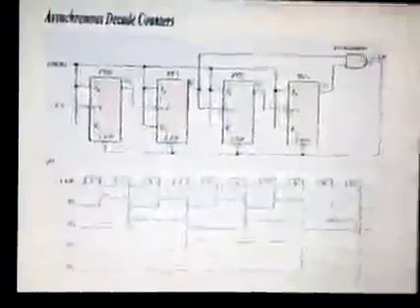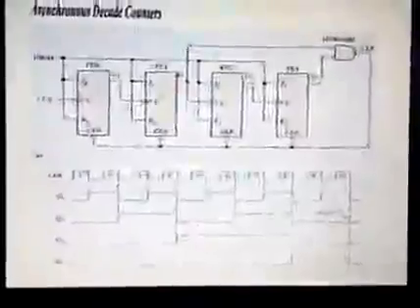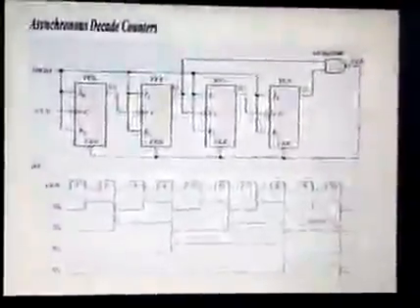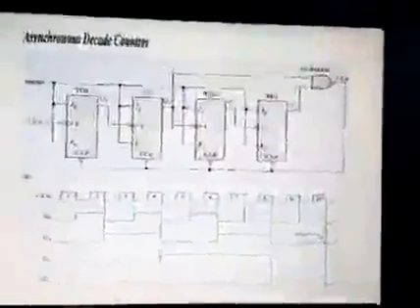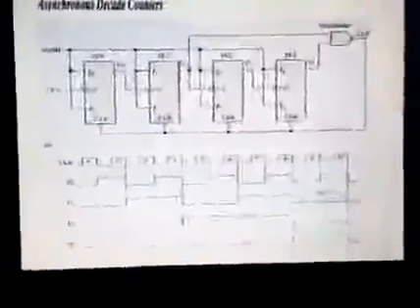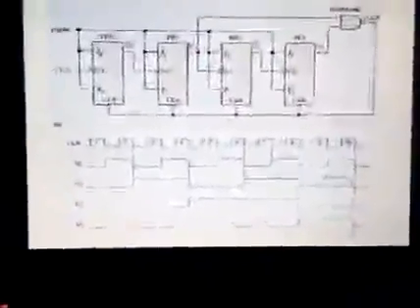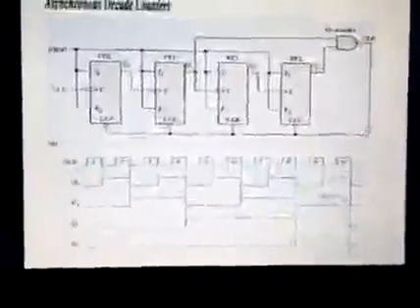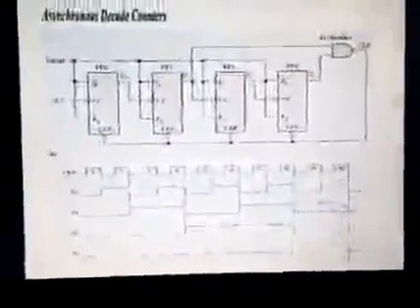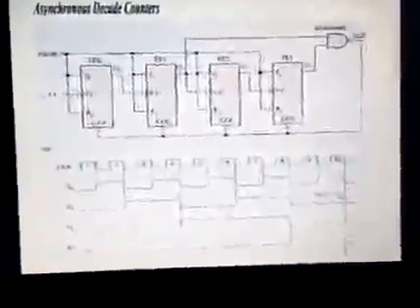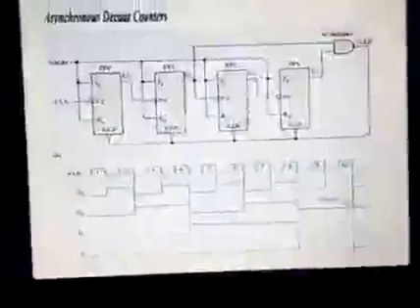This is the next counter, the asynchronous decade counter. Decade means it counts a total of 10 counts, starting from 0 to 9. But there's a problem. How many flip-flops do we use to design the decade counter? If we take 3 flip-flops, the maximum count is 8.